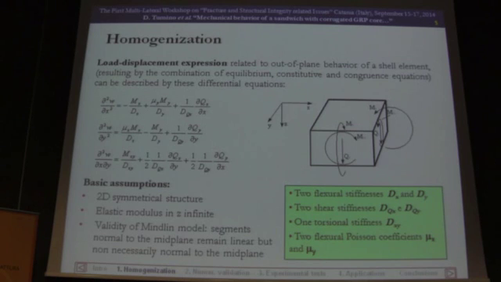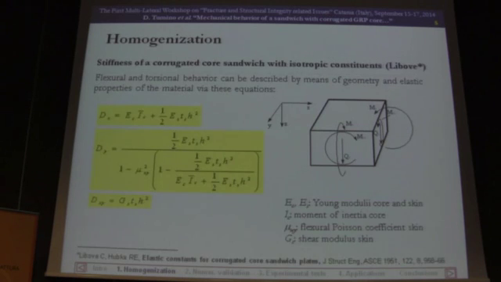At this stage, these are the solution of those equations made by Libove, where you see that we have the modulus of elasticity of the core and of the skin and all the other geometric parameters of the corrugated core.